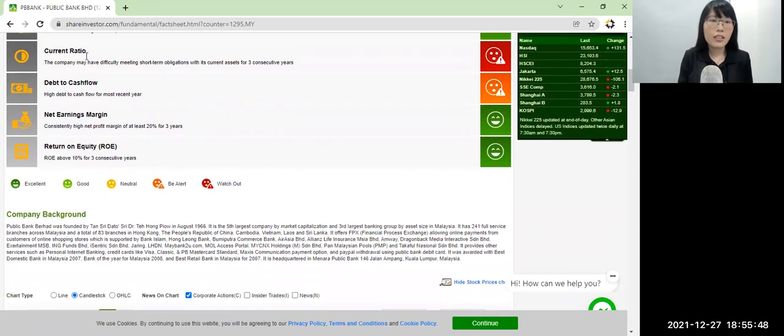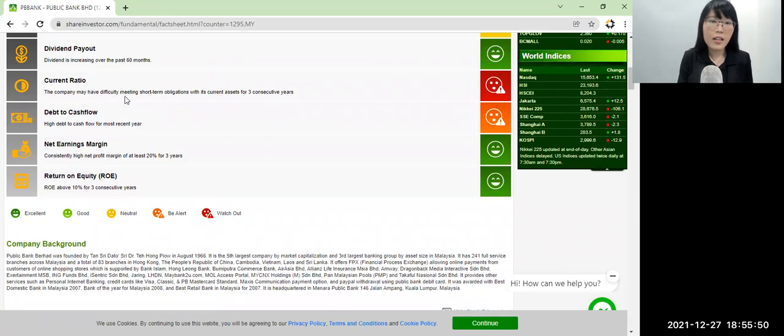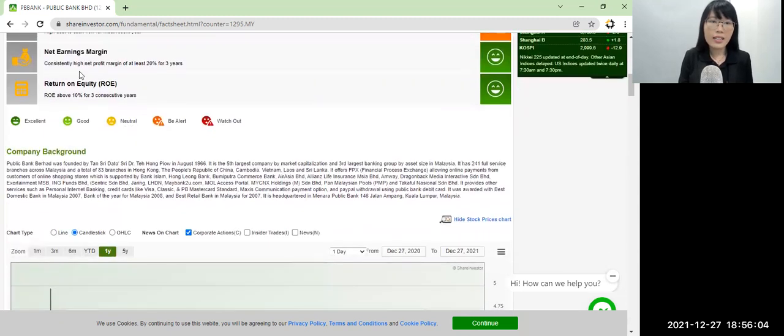Current ratio, the company may have difficulty meeting short-term obligations with its current assets for 3 consecutive years. Debt to cash flow, high debt to cash flow for the most recent years. Net earnings margin, consistently high net profit margin of at least 20% for 3 years. And return on equity, ROE above 10% for 3 consecutive years. Okay.